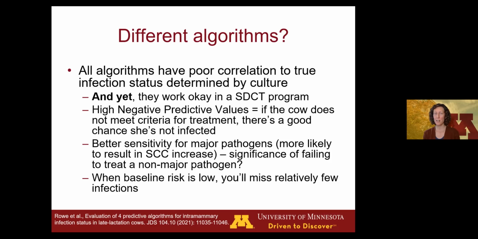If our algorithm tells us the cow's not infected, it's likely to be correct, which is important because we don't want to miss quarters or cows that are truly infected and need antibiotics. So high negative predictive value tells us that if the cow does not meet the criteria for treatment, there's a good chance she's not infected. That's good to know. Even though these algorithms are not perfect, they're good enough at predicting whether or not a cow needs antibiotic therapy.